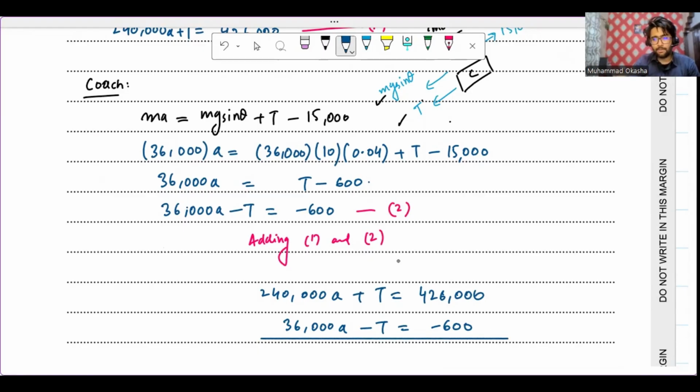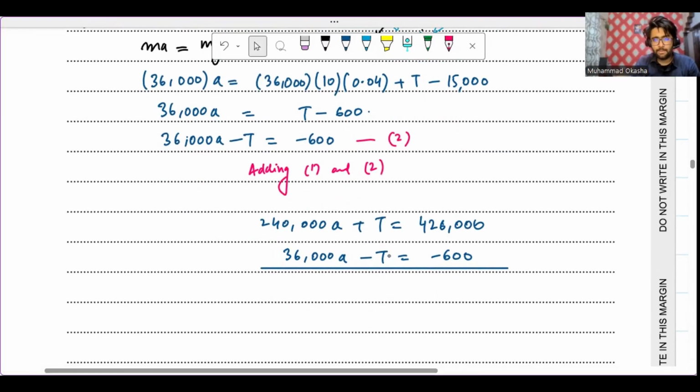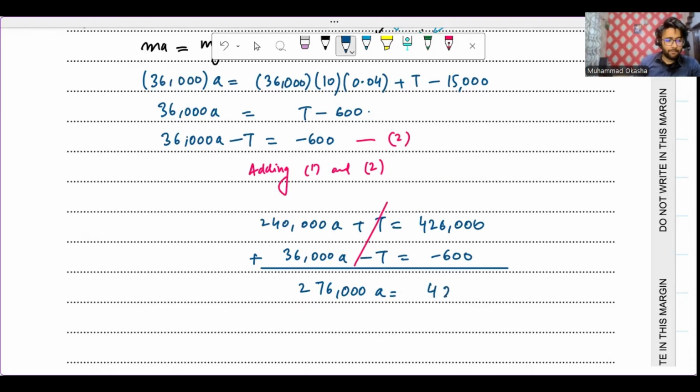Let us work it out. The reason I chose addition is that I can tell this pretty neatly cancels out. So 240,000 A plus 36,000 A, I'm actually adding them, so I'm going to get 276,000 A equals, if you do the math over here, 425,400.